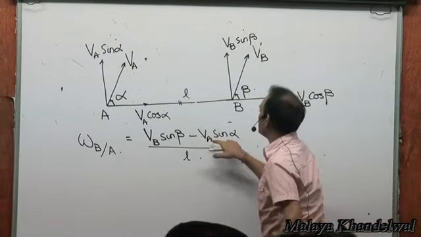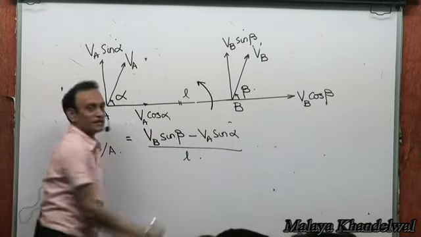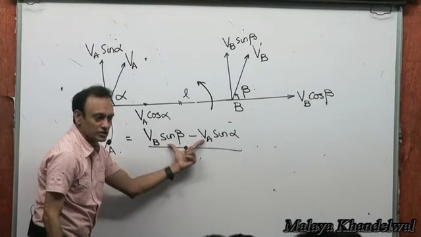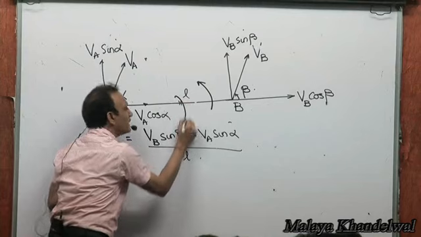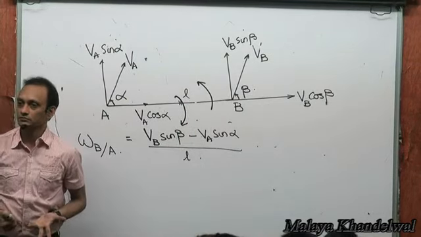If VB sin beta is more than VA sin alpha, then AB will get reoriented like this. But if VB sin beta is less than VA sin alpha, this will turn out to be a negative number, then AB will get reoriented in this sense. That's the only difference. You know what I'm saying?